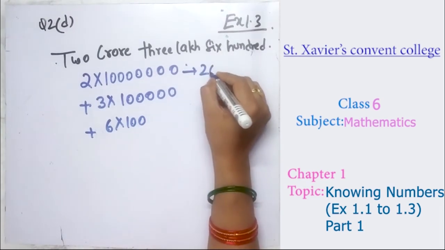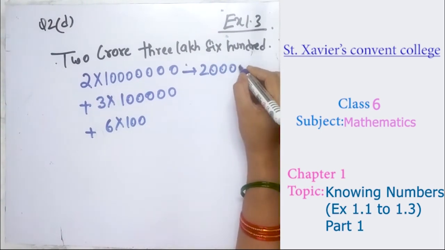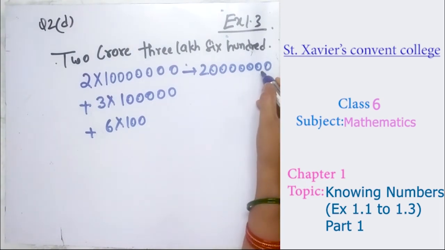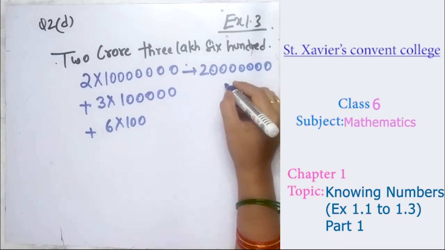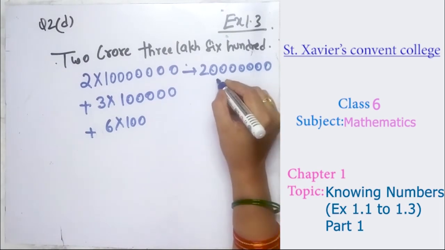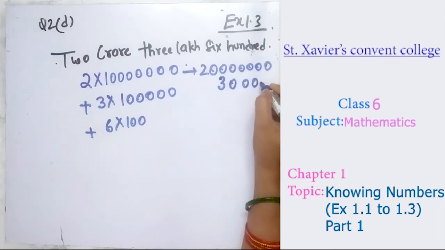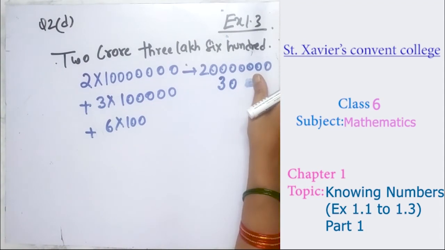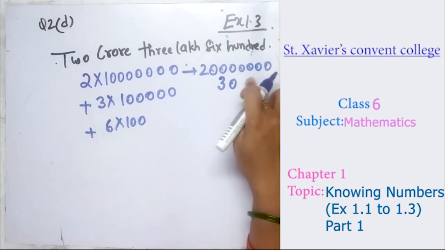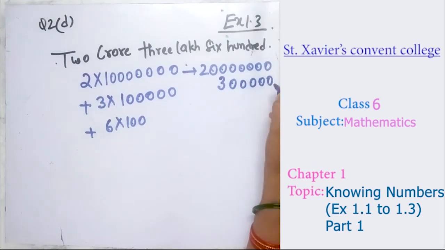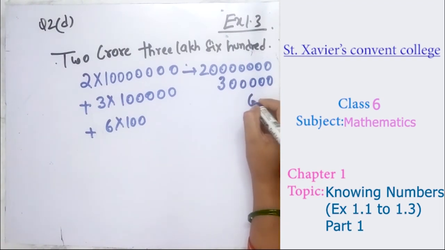That is 2 with 7 zeros, 3 lakhs with 5 zeros, and 600.